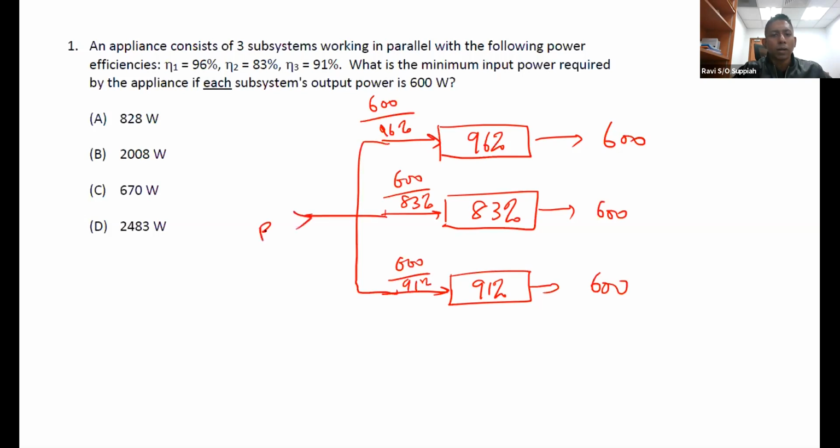That is your power in, and that would give you 2007.2 watt. So you round up to 2008. So the minimum input power required to sustain this system is 2008. The answer here is B.